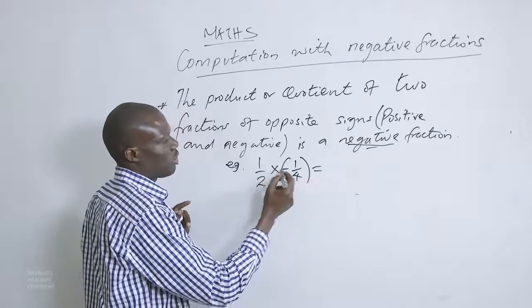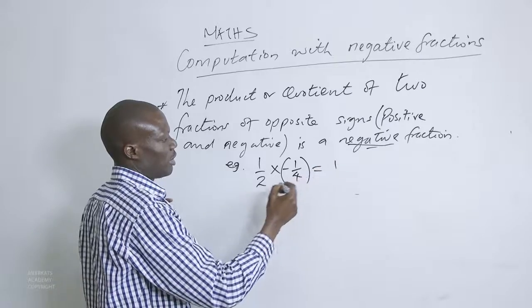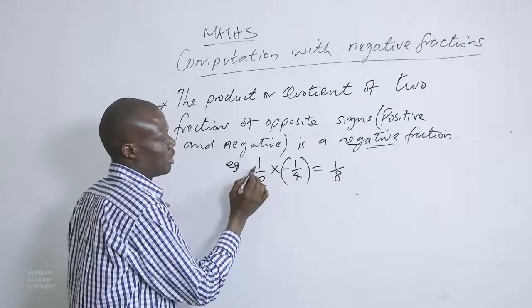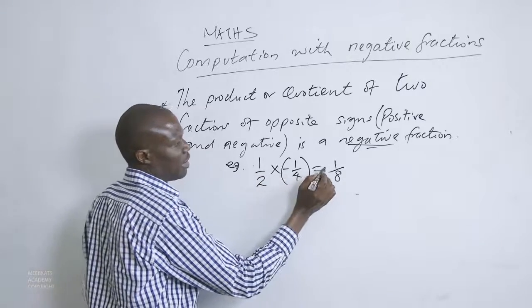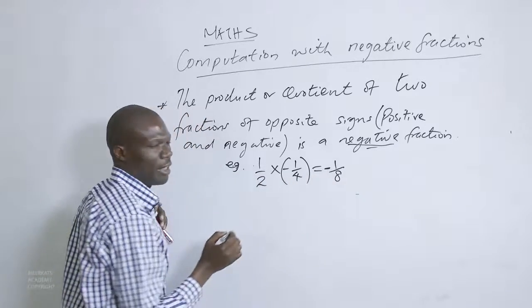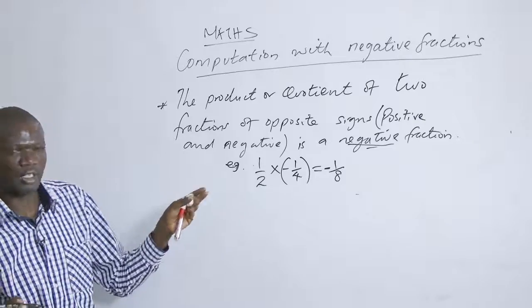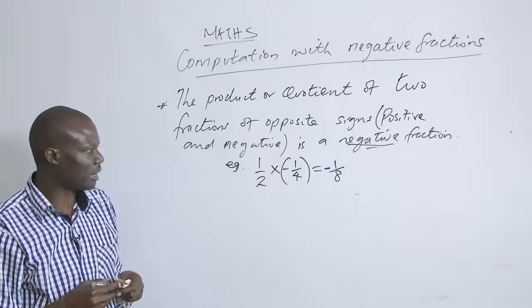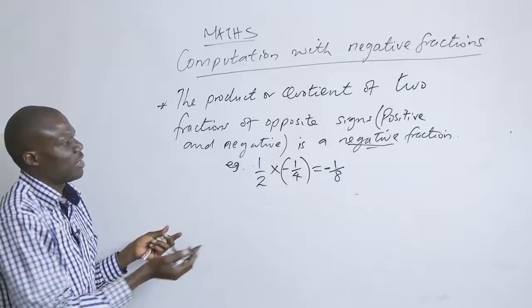So this will give us 1 times 1, which is 1, and 2 times 4, which is 8. But now, because this is positive and this is negative, it results in a negative answer. So our answer is negative 1 over 8. This simply applies in case it was the opposite.